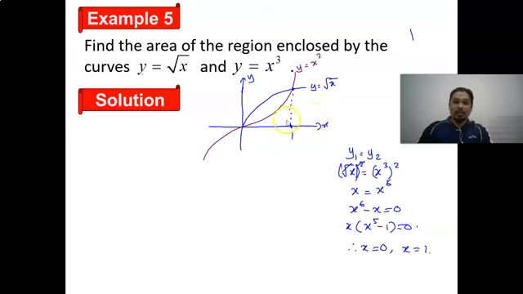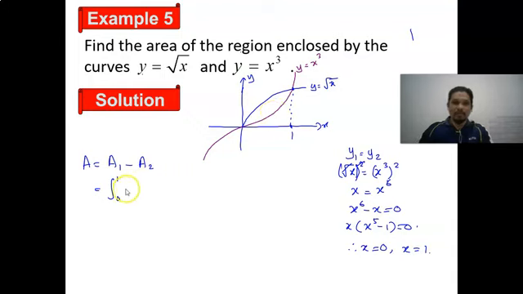Now we are going to integrate with respect to x, meaning the area from the curve to the x-axis. To find the area between these two, we need to find A1 minus A2. A1 is the integral from 0 until 1. Now we determine the area where the graph of y equal to square root of x is above this graph, right?